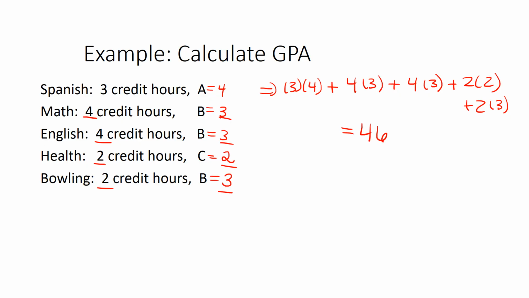All right, and the one thing you want to make sure is that you don't divide by the number of points for A's, B's, and C's, D's. You divide by the total number of credit hours.